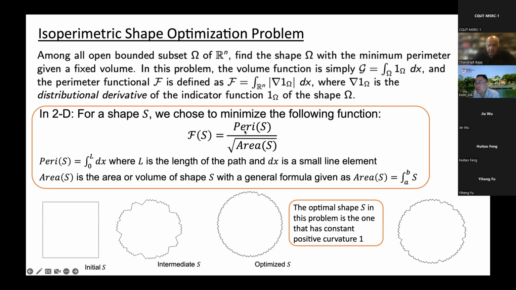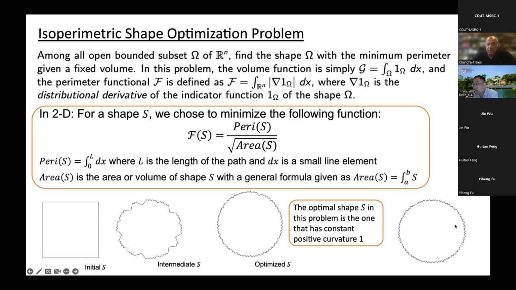And so you can set it up as a quotient problem. You can define your functional f of S, which is the perimeter of S, directly a functional of the shape, divided by the square root of the area. Of course, this will be volume in higher dimensions. So this is an example in 2D.